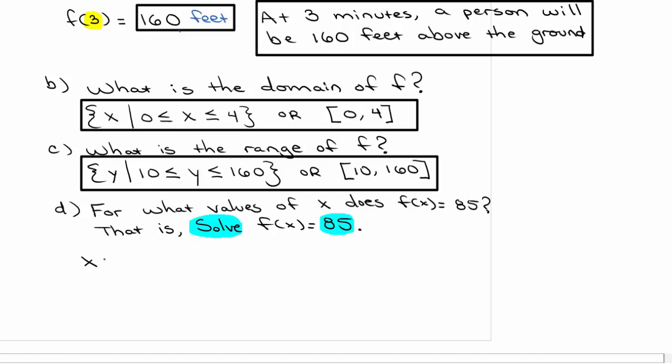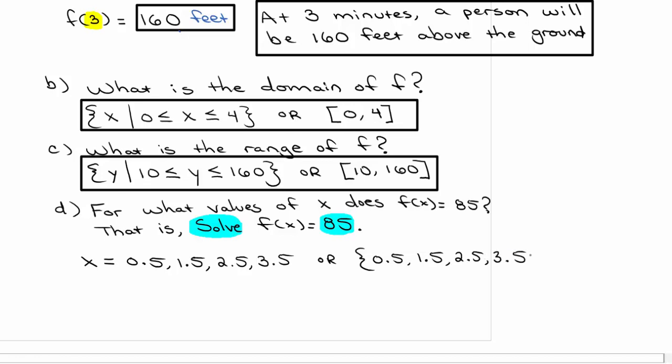So it's okay if you want to write down x is equal to 0.5, 1.5, 2.5, and 3.5. Or you could also write this as a solution set, 0.5, 1.5, 2.5, 3.5, and close your solution set with a set of braces.